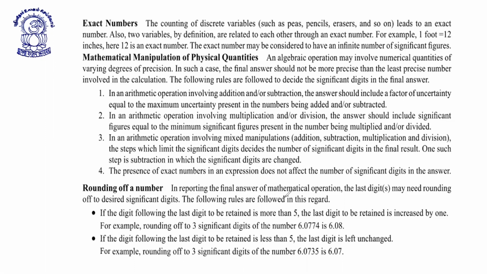In reporting the final answer of a mathematical operation, the last digits may need rounding off to the desired significant digits. The following rules are to be followed. So, basic rule number 1. If the digit following the last digit to be written is more than 5, the last digit to be written is increased by 1.